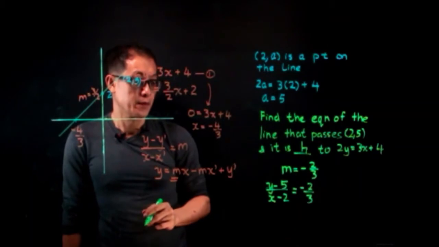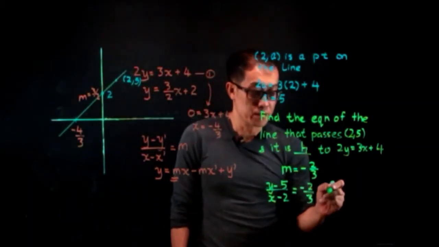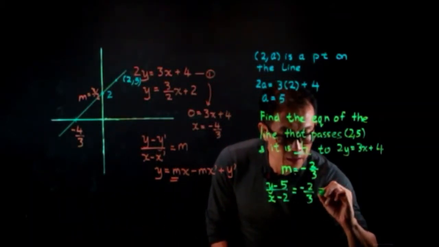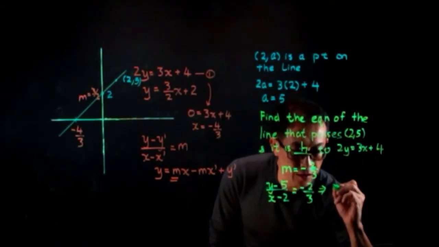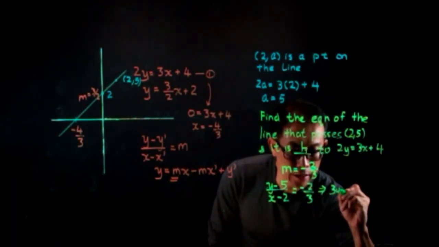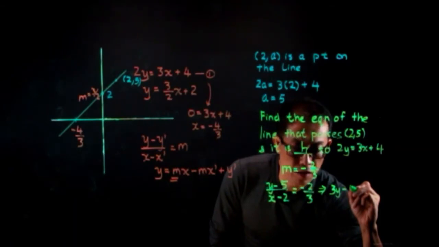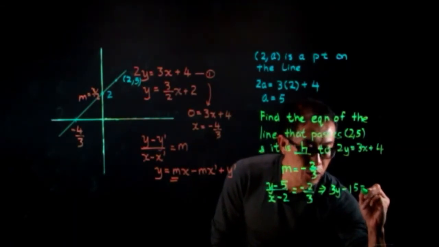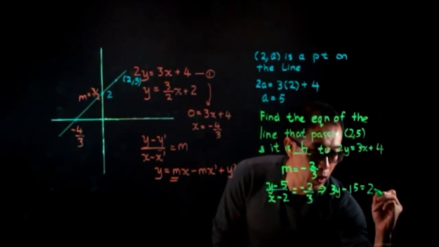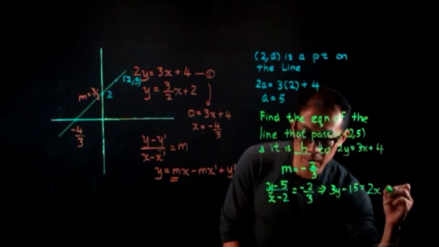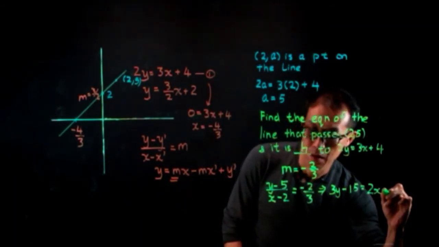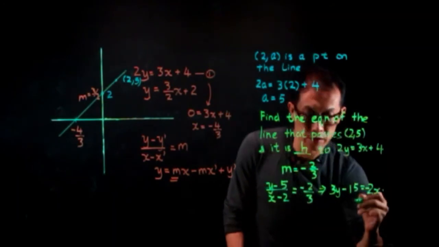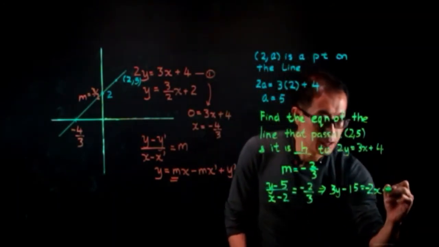Alright, so you can do a cross multiply. So what will you get? You get 3y minus 15 equals minus 2x plus 4.